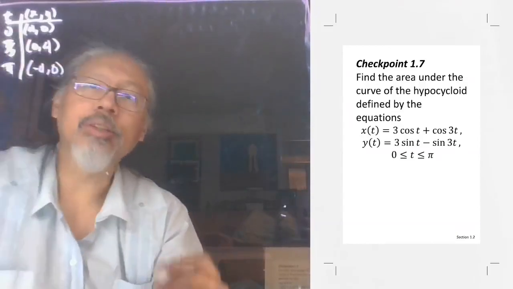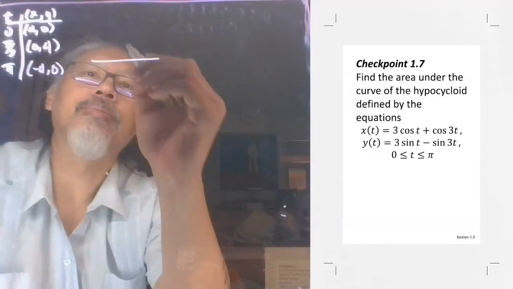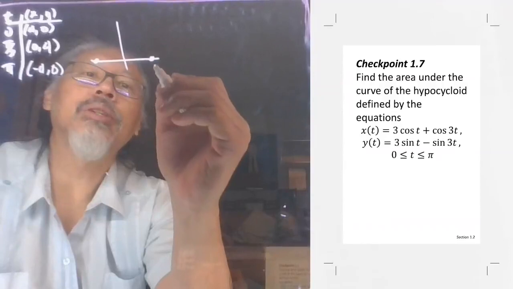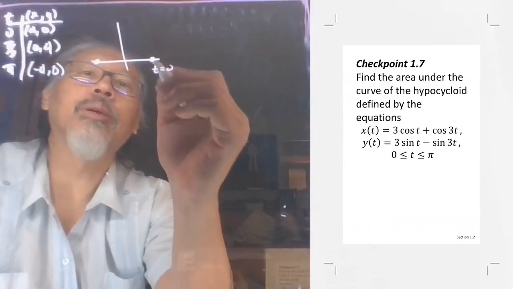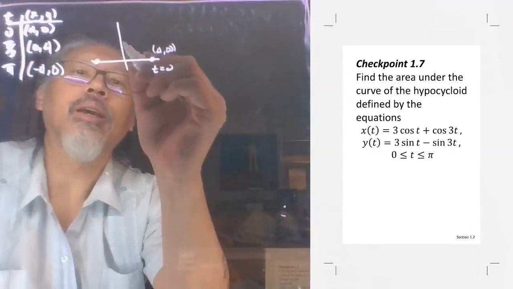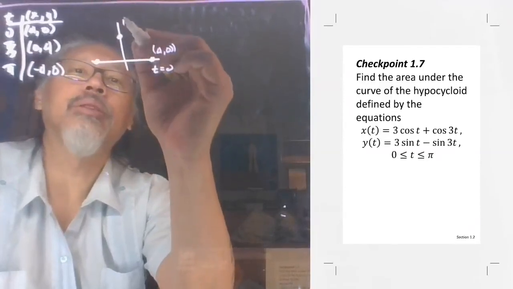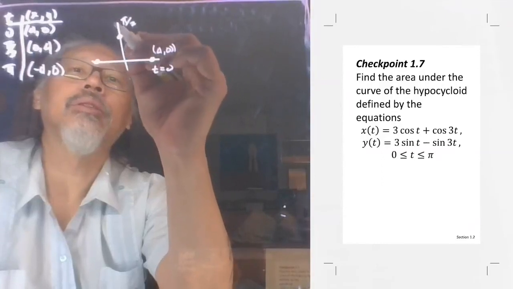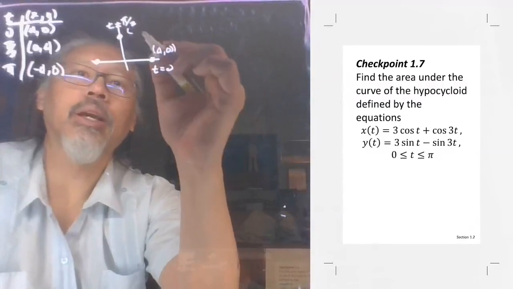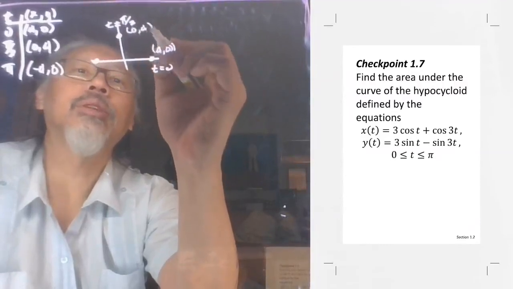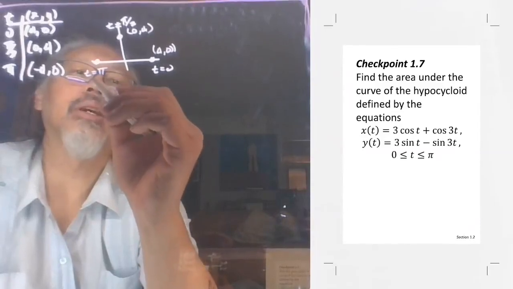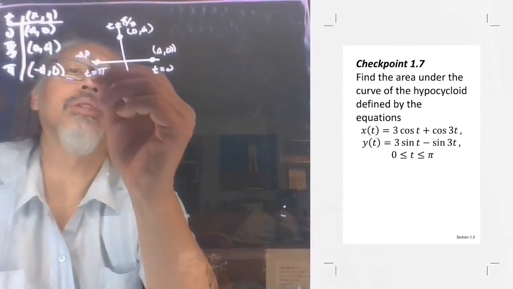So we have a few points. We can see that it starts here when t is equal to 0. We're at 4, 0. And when t is equal to pi over 2, we are looking at 0, 4, and then over here when t is equal to pi, we're looking at the point negative 4, 0.